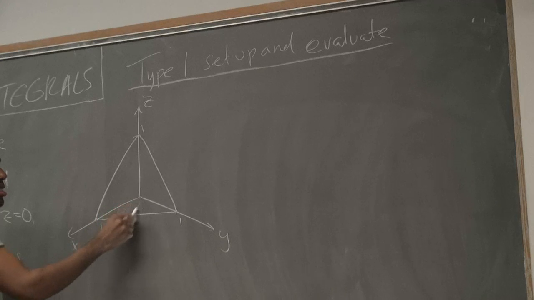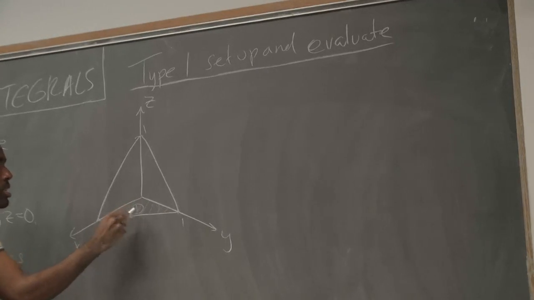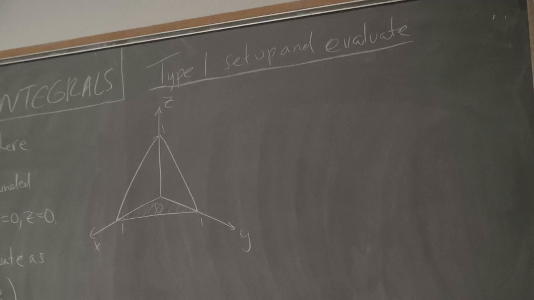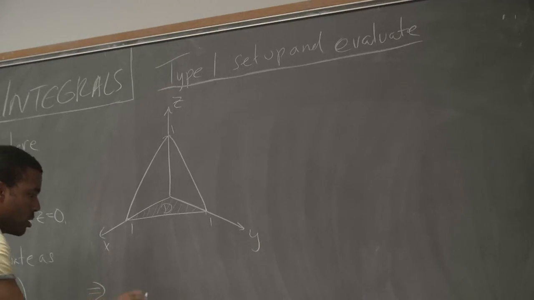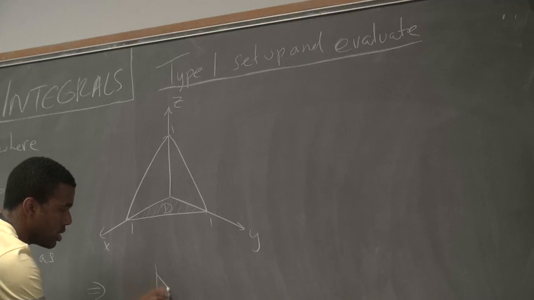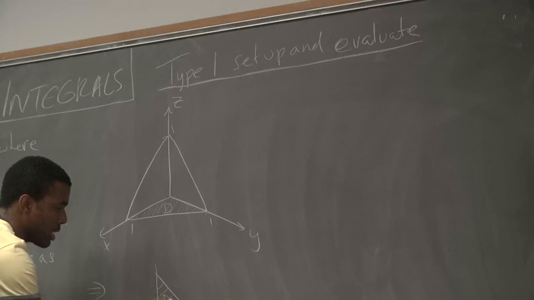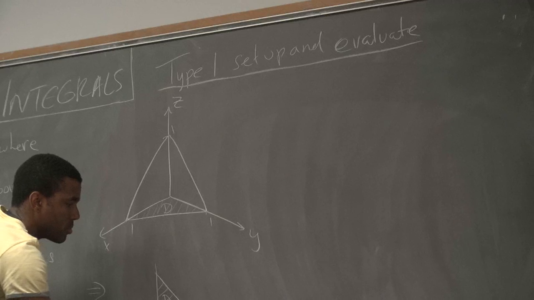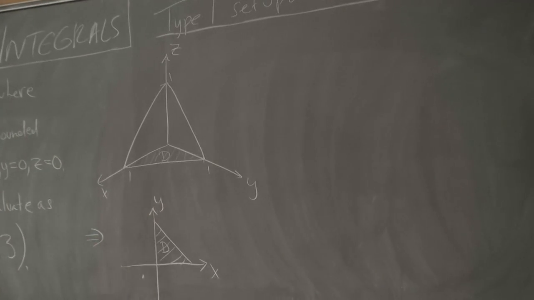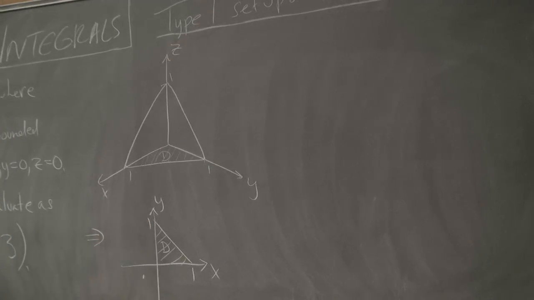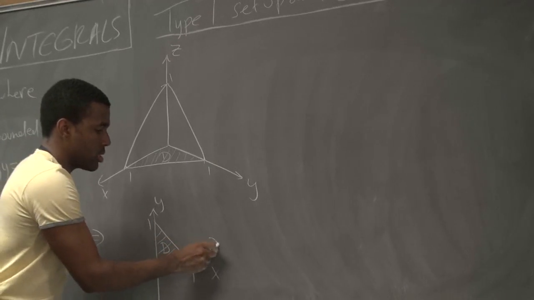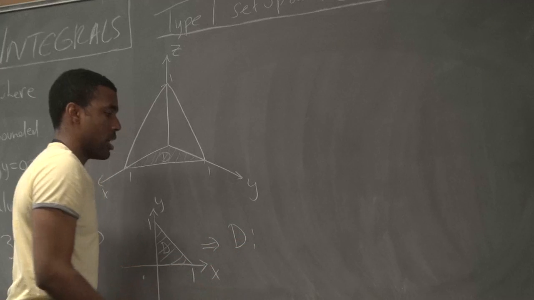So I'm thinking of this as the projection, right? That's D. Which means for my region D, it's just this guy in the XY plane. Just a straight line that connects 1 and 1. Which means I can describe D as what?